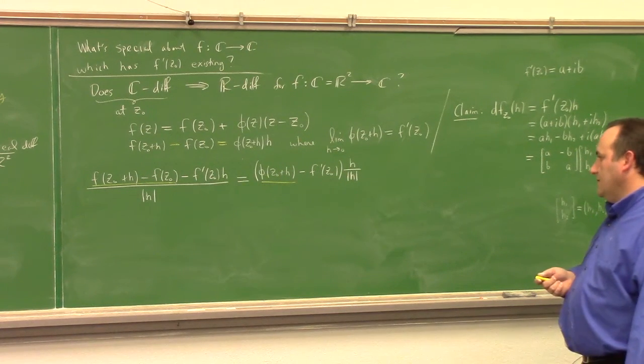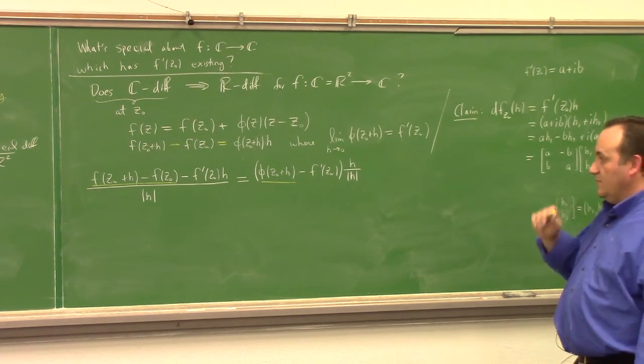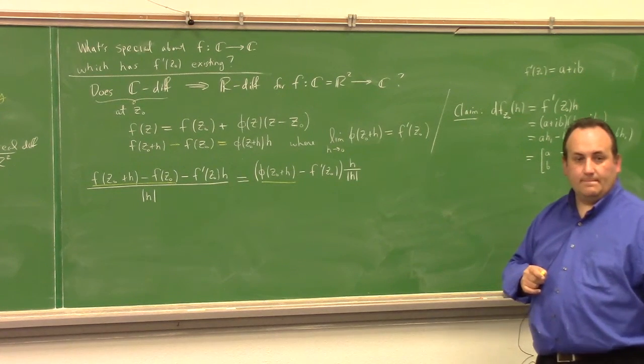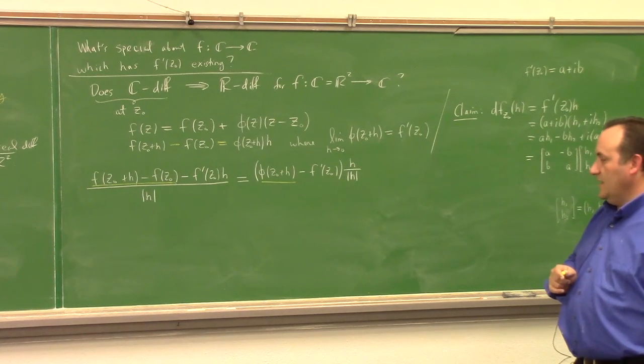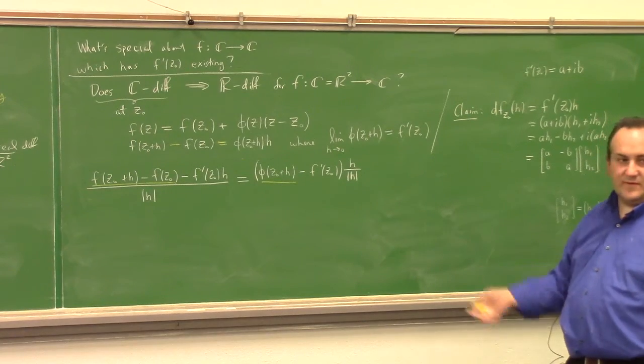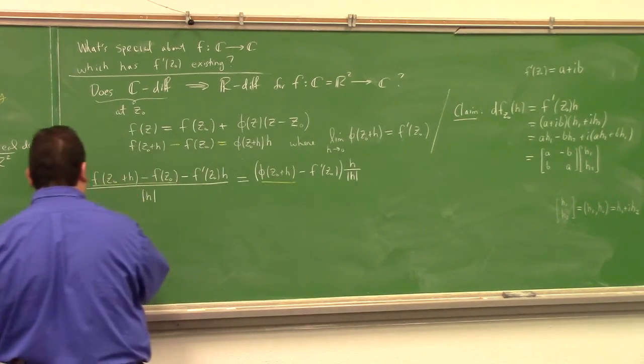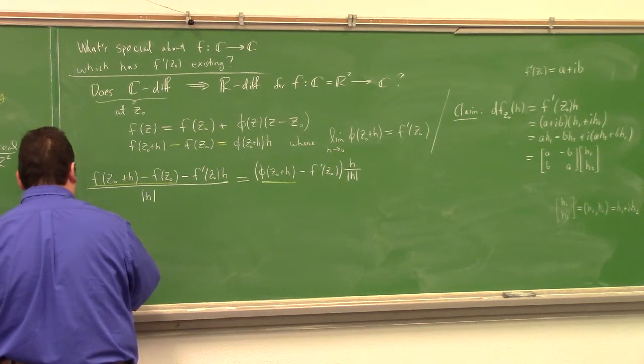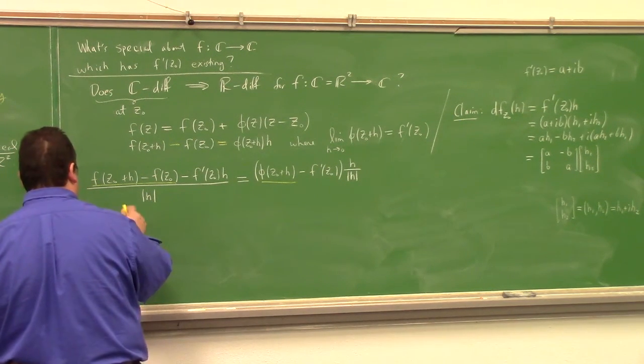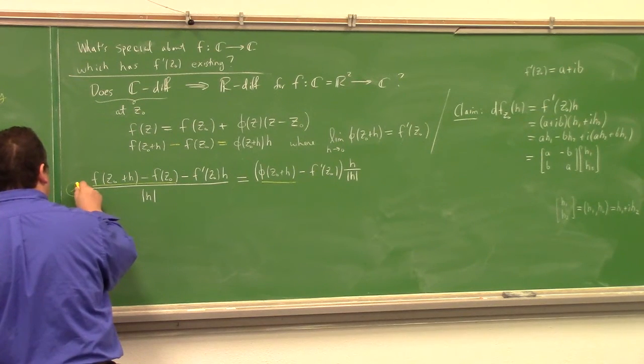So anyway, what do we have? As h goes to 0, what happens with this expression? We get phi of z naught plus h, whatever that value is. Let me call this thing Pac-Man.